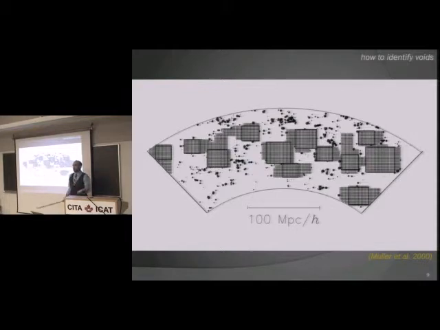If the pixel doesn't have a galaxy, it's called a void pixel, and you collect together adjacent void pixels into groups, and that gives you some sense of the voids. It gives you some sense of the volume distribution of voids. It gives you some sense of the total fraction of the universe, or your slice of the universe that you're observing, that exists in a void. But obviously there are shortcomings to this approach.